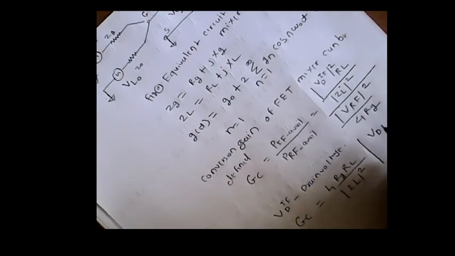So for the RF frequency component, we can write this GC is equal to 4 Rg RL divided by ZL squared, times the drain voltage at IF squared, divided by VRF voltage squared. So this is equation number 2.